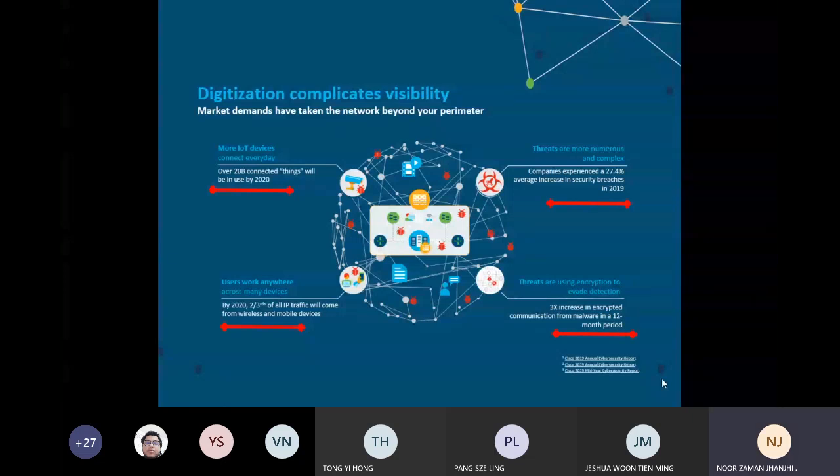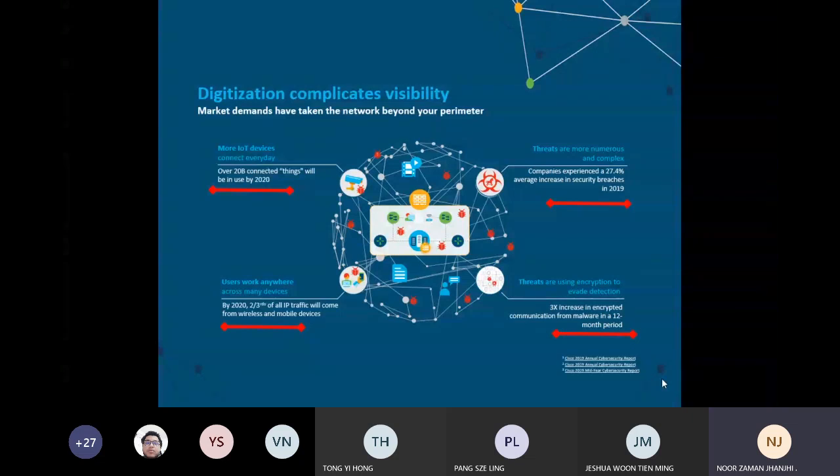The fourth point, which you can see at the bottom right corner, says that threats are using encryption to attack the networks, using different mechanisms.